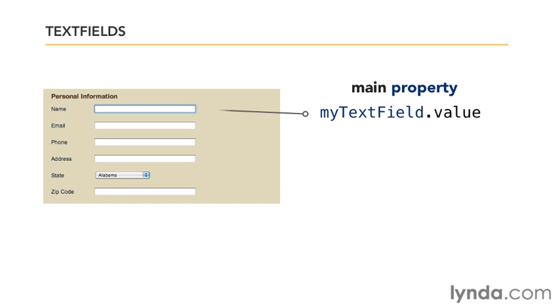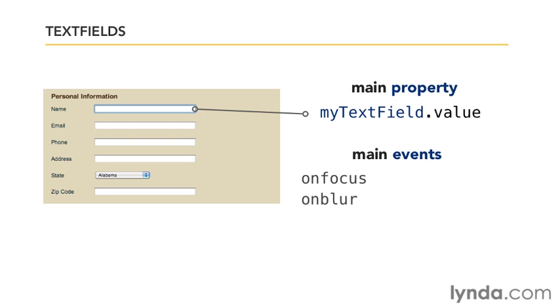Probably the most common one is the text field. And as we've seen in the events chapter, text fields have a value property. You can either get it or set it. And that's the same for a larger text area element if you're using those. Now we've seen the onFocus and onBlur events: an element triggers onFocus when you go into it, onBlur when you leave it.